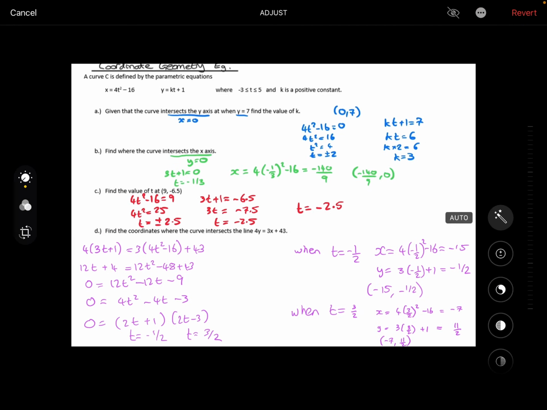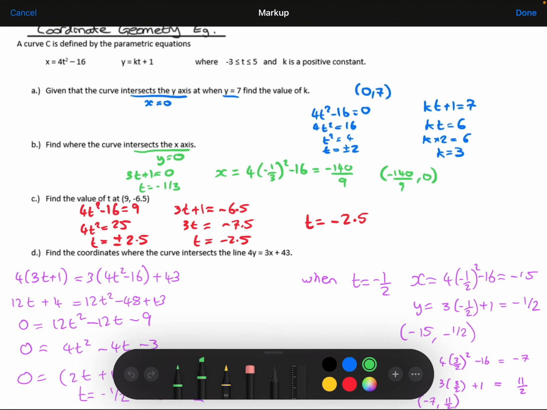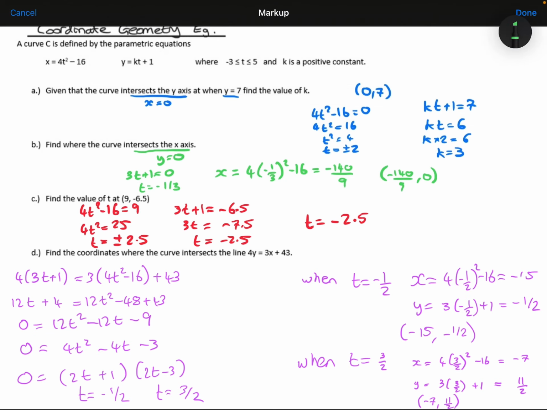And then part D, we have to find the coordinates where the curve intersects the line 4y equals 3x plus 43. So the curve intersecting a straight line. So we're doing simultaneous equations. And so what I've done here is I'm using the substitution method.